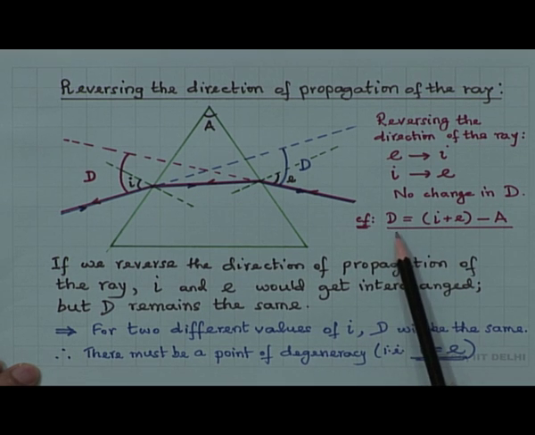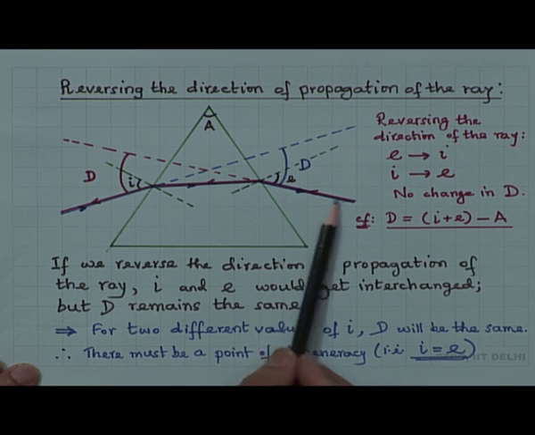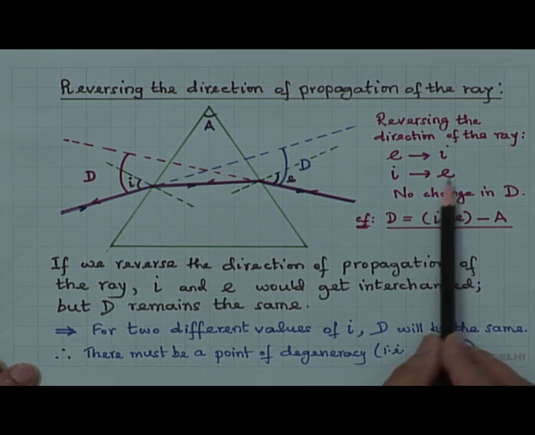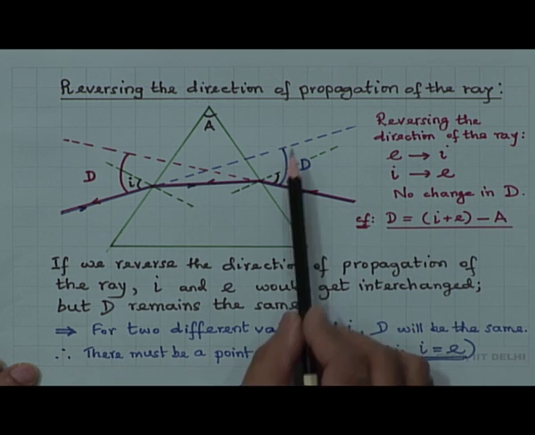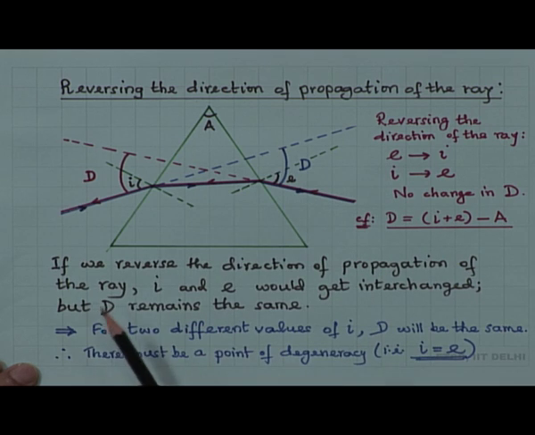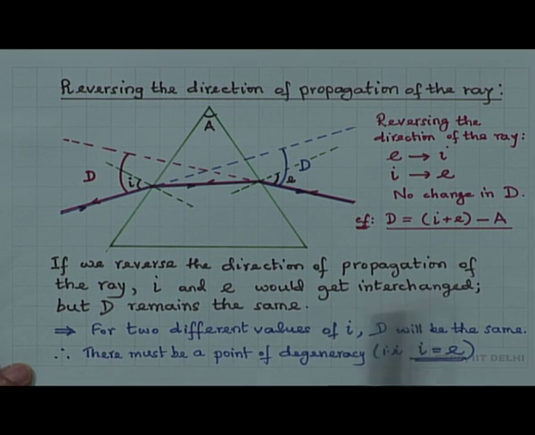When the ray reverses direction, E goes over to I, and I goes over to E. But there is no change in D, D is the same in both cases, as you can see they are opposite angles here, and D is equal to I plus E minus A. Here also if we put I plus E or E plus I, it is one and the same, D remains the same. Therefore, if we reverse the direction of propagation of the ray, I and E get interchanged, but D remains the same.